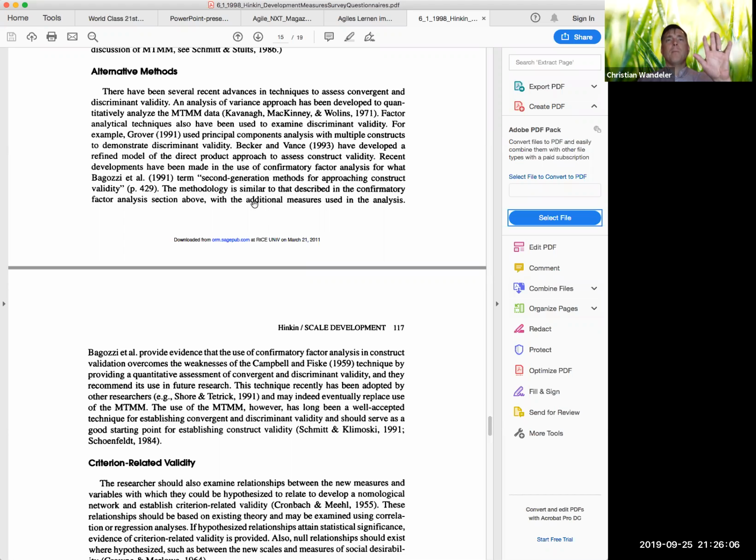It should be positively associated with other courage measures or boldness measures, right? Or confidence measures, right? Whereas it should be negatively correlated with anxiety measures or cowardice measures, right? So you get that idea? So we try to increase the validity by comparing to other things that we know already, right? That's one way to support that.